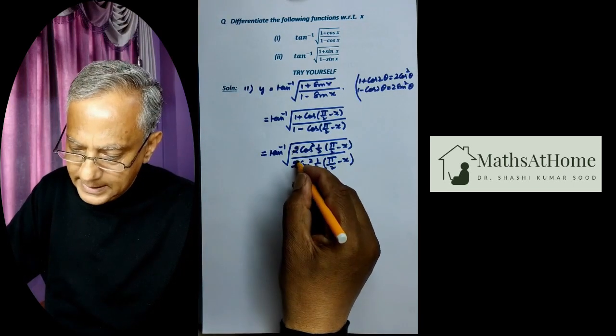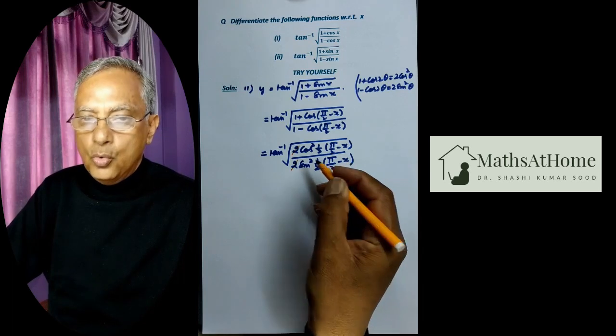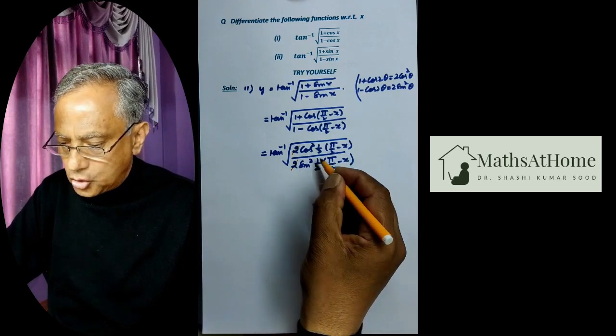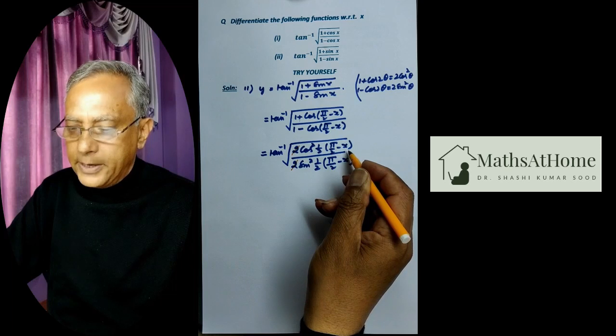We can cancel this 2 and we get cot square 1 by 2 of pi by 2 minus x.